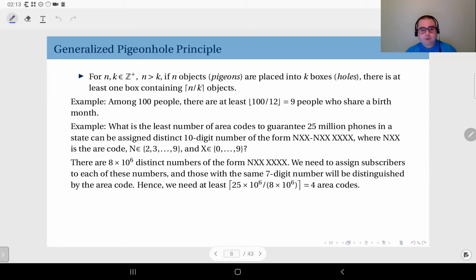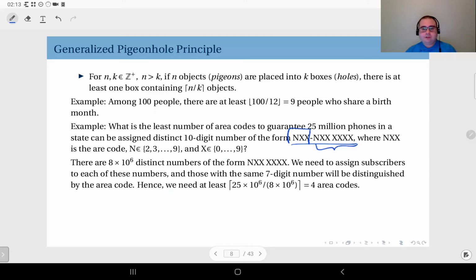Here's another example. What is the least number of area codes to guarantee 25 million phones in a state can be assigned distinct 10-digit numbers of the form given here, where you have the area code, 3 digits, and the remainder, 7 digits, is the unique phone number.